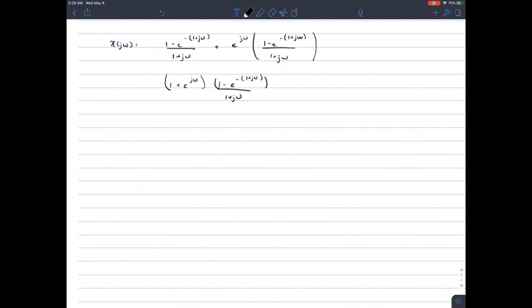Okay, so we have 1 times 1, which is going to be 1 minus e to the negative 1 plus j omega. Okay, then we have e times 1, it's going to be plus e to the j omega, plus the two e's times each other, so it's going to be e to the j omega times e to the negative 1 plus j omega.